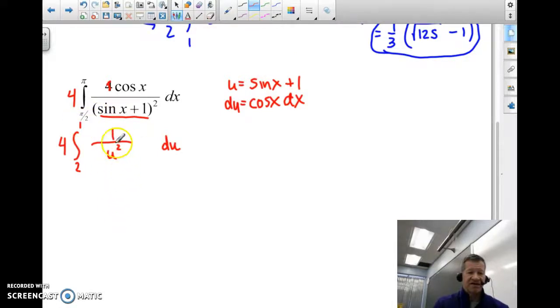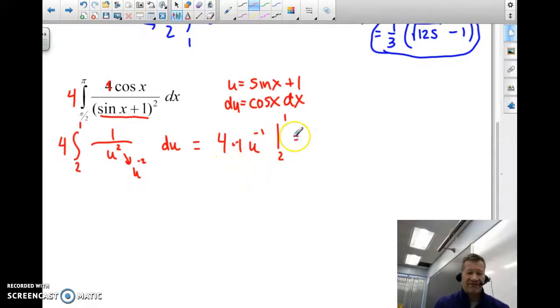So now I just have to find the antiderivative. Remember, 1 over u squared is u to the -2nd. It is not a natural log, this antiderivative. Be careful, that's only 1 over u to the 1st power. So I've got 4 times the antiderivative of u to the -2nd, which would involve u to the -1st times a -1, the reciprocal, in front, from 2 to 1.